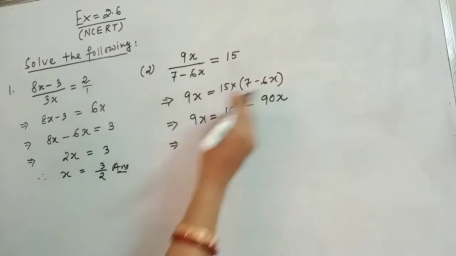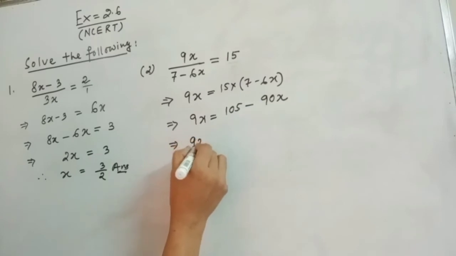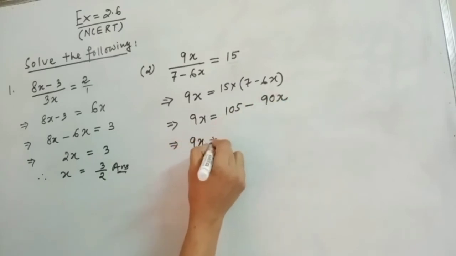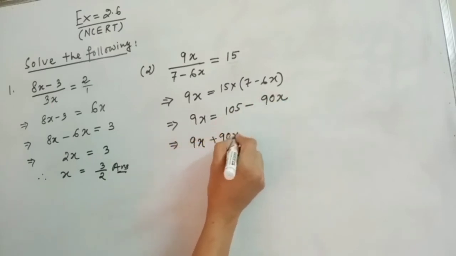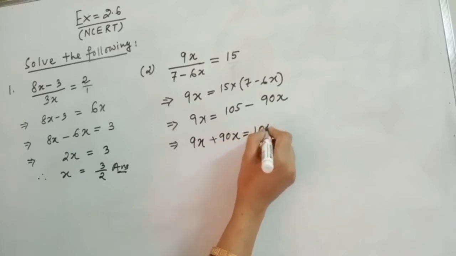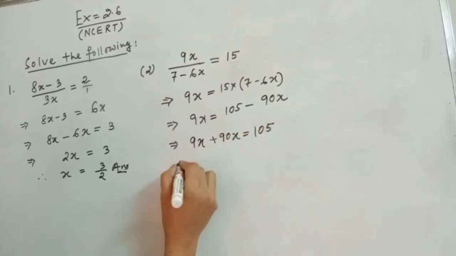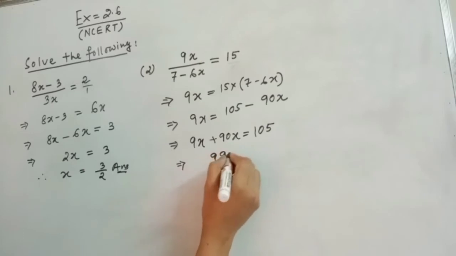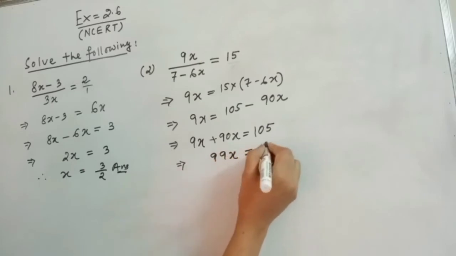So transposing, 9x + 90x is equal to 105. Now 99x is equal to 105.